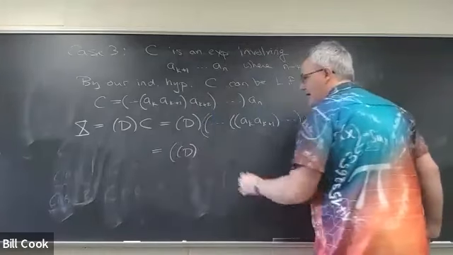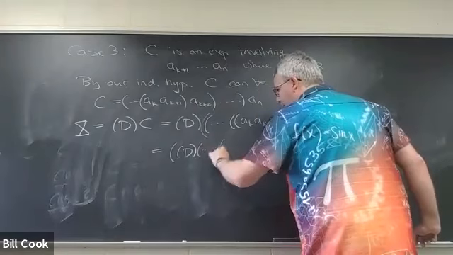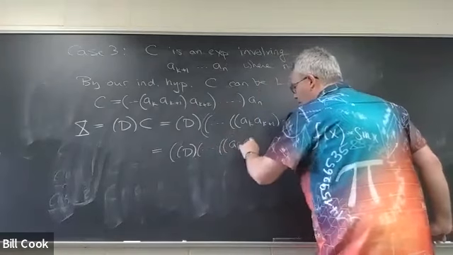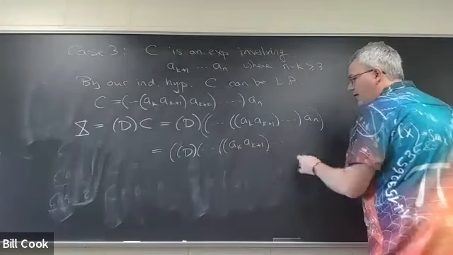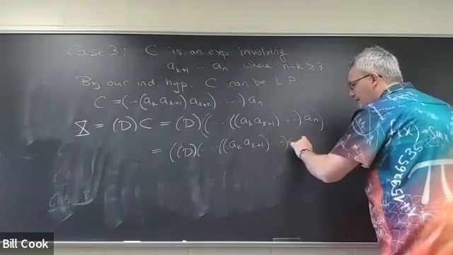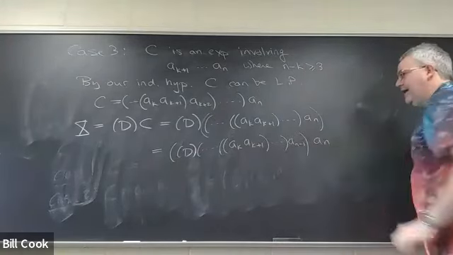I have D, and I have the left parenthesized version of C, all the way up through the next to last guy, and then we have a_n there.